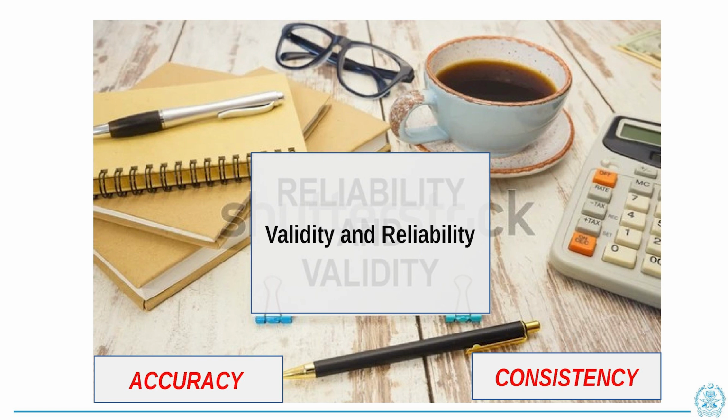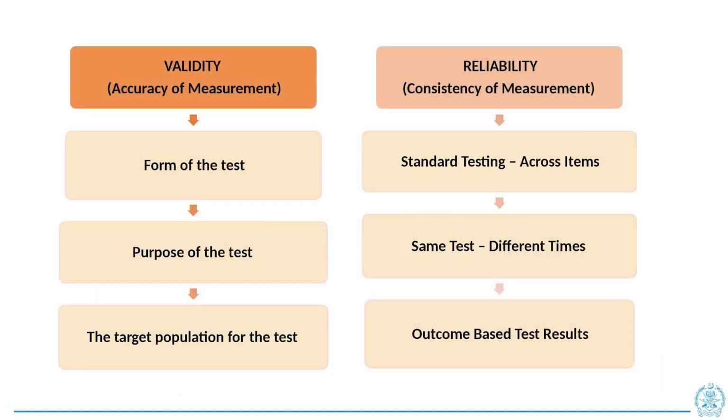Ensure that test items are based on standards and the results are accurate. Validity is accuracy of measurement. It states how good a test is in terms of its form, purpose, and for the population it is intended. And on the other hand, reliability is consistency of measurement. It shows that scores are trustworthy and outcome based.